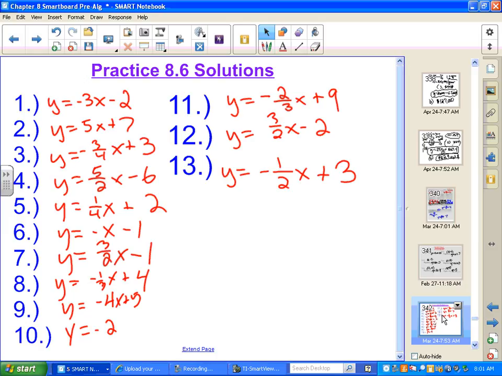Number 12, y equals negative 3/2x plus 3.5. Number 14, y equals 3x plus 7. Number 16, y equals negative 1/2 x plus 2.5. Number 18, y equals negative 6/5x plus 2.